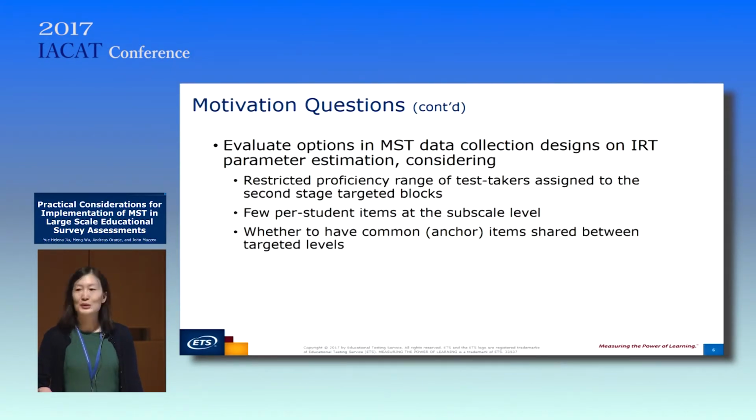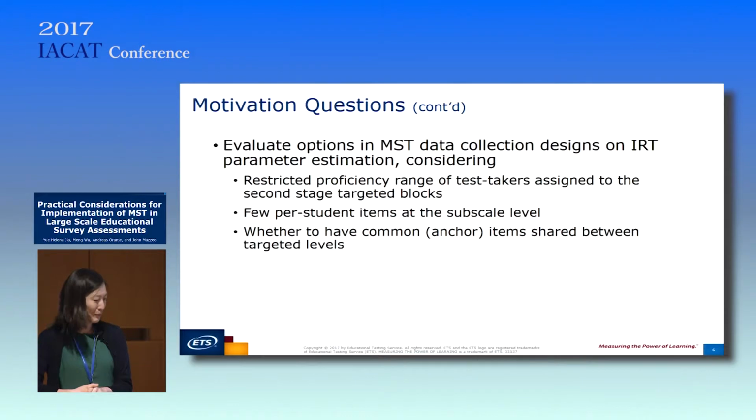So we want to see if that's something doable in practice, given that we have a restricted range of abilities, and we also have fewer items per student at the subscale level. For each content domain in mathematics, you don't have tons of items to estimate student ability.